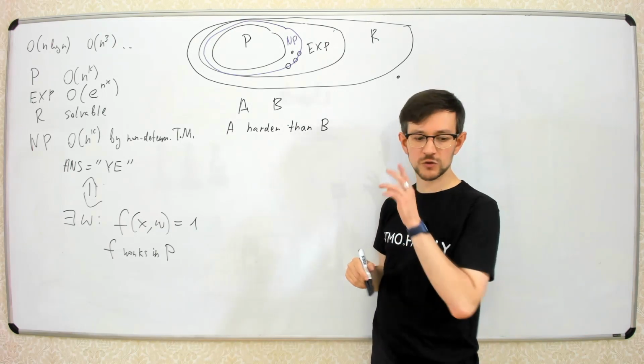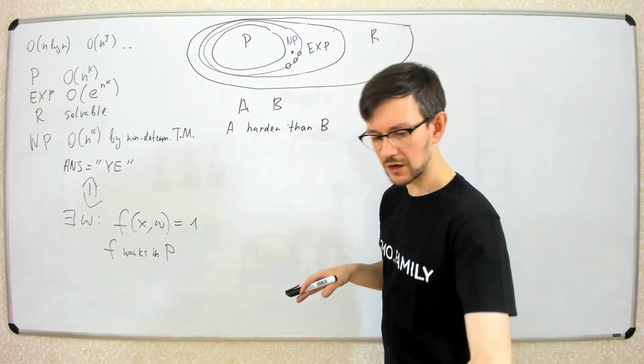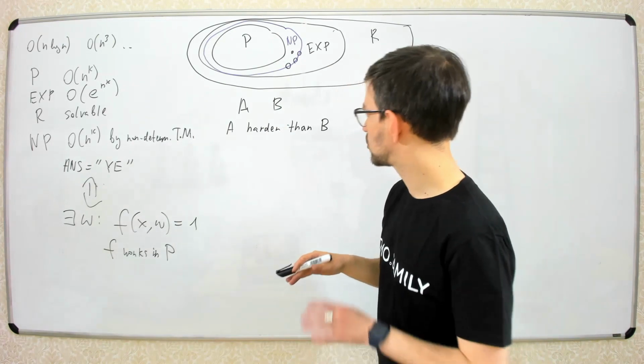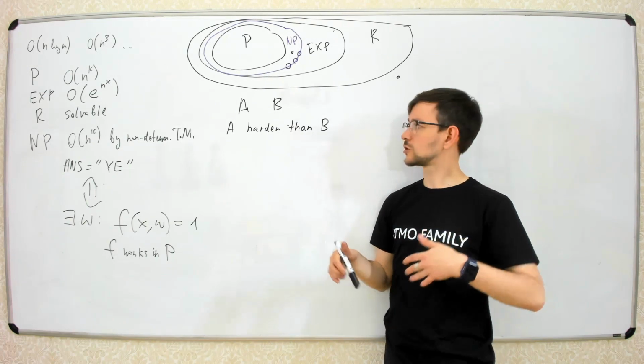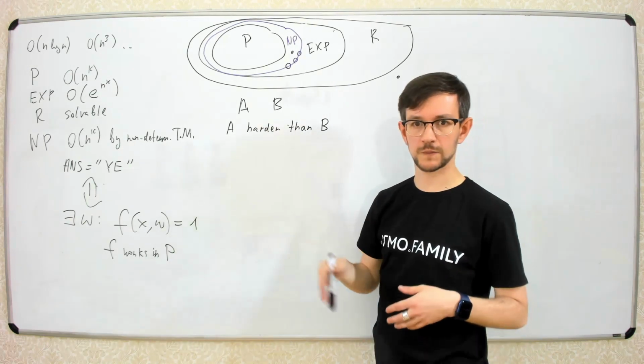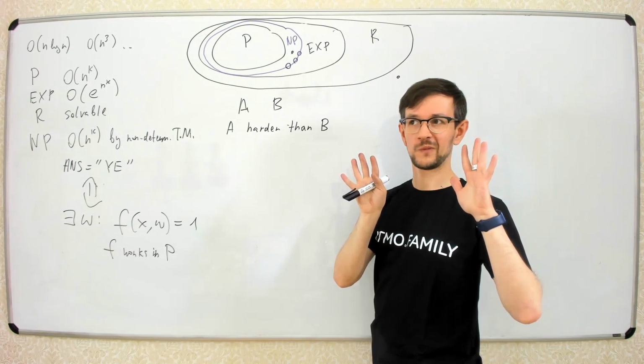There are different definitions of reducing a problem. One of the ways is reducing one problem to another problem. So you can reduce problem B to problem A. Let's do it like this.